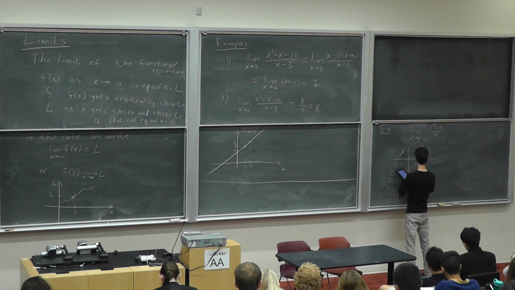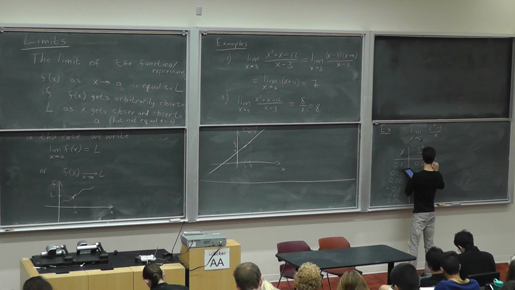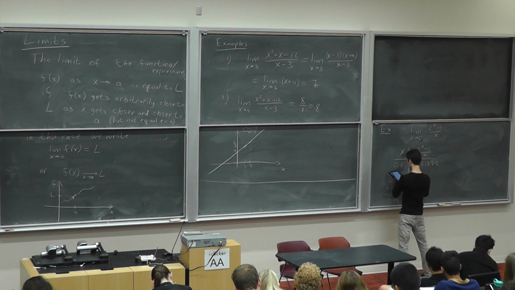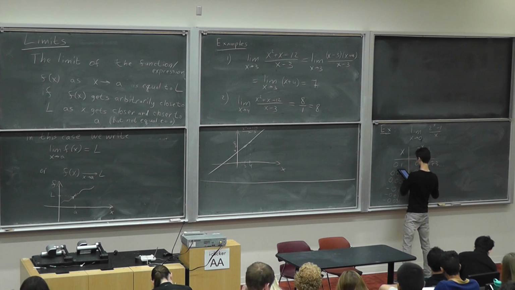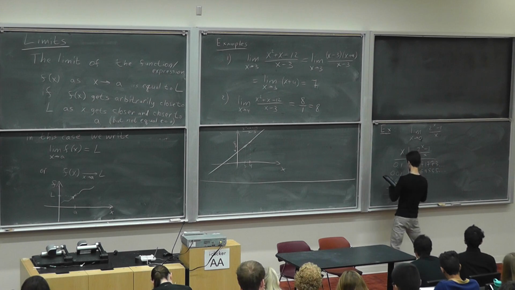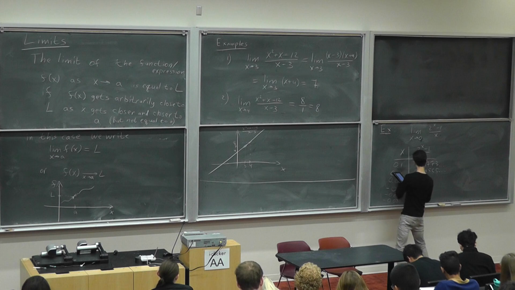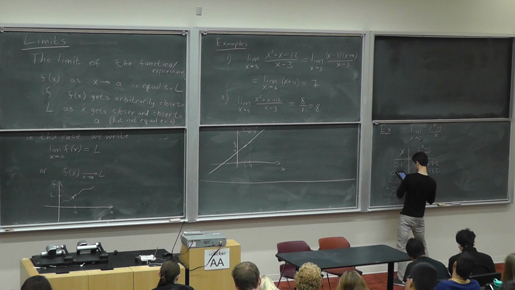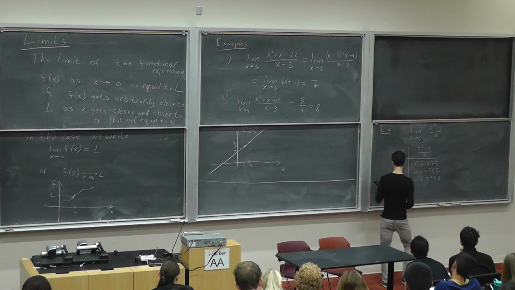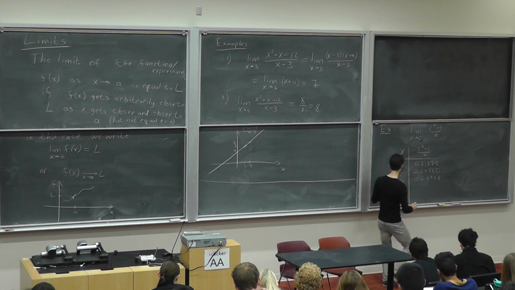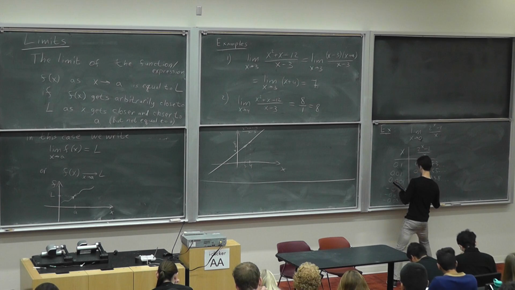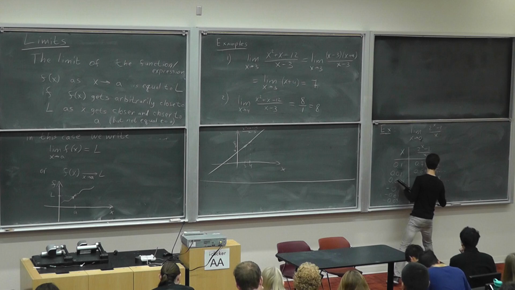For 0.1, I get 0.71773. For 0.01, 0.69555. Next one, 0.69338. For minus 0.1, 0.66967.